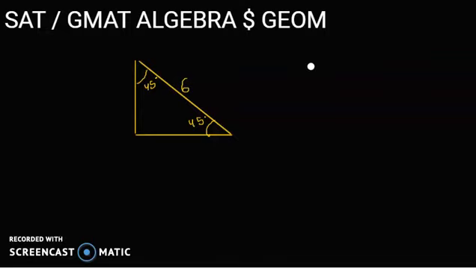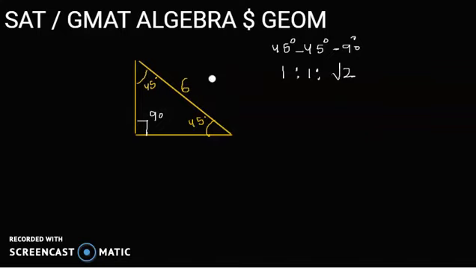So here hypotenuse is 6 and it is given 45, 45. That means this has to be 90. Once again you have a 45, 45, 90 triangle, which means the sides are in the ratio 1:1:√2.